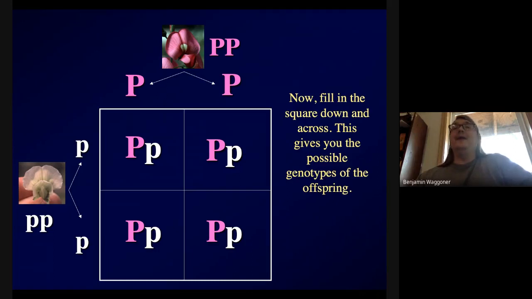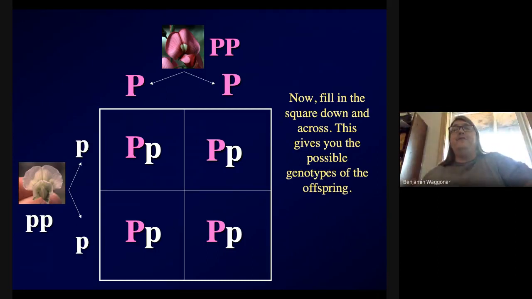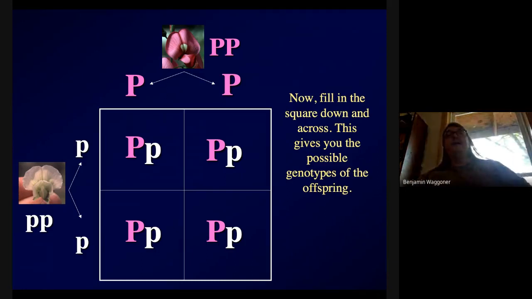There's something like that. It will be some physical trait or feature of whatever living thing it is. That's a phenotype. Whereas a genotype is usually going to be some combination of letters that express what alleles we're talking about. So those are the possible genotypes of the offspring.